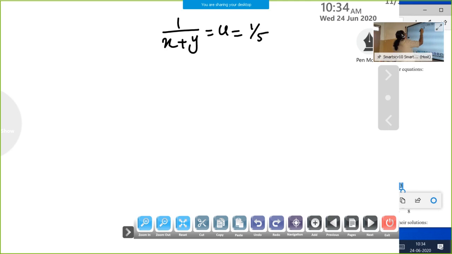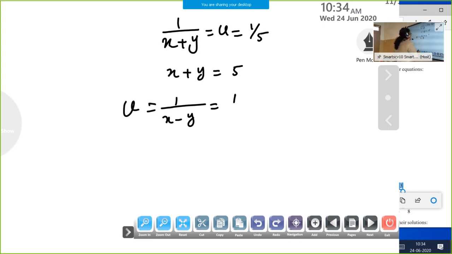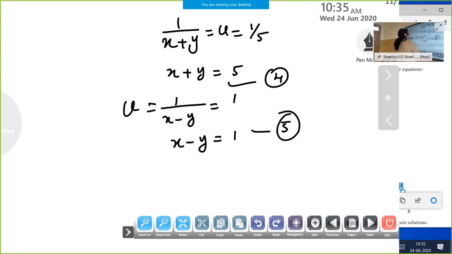Taking reciprocal, x plus y is equal to 5. Then another substitution, 1 by x minus y is equal to v, that is equal to 1. So x minus y is also equal to 1. This is our equation number 4, and this is equation 5.